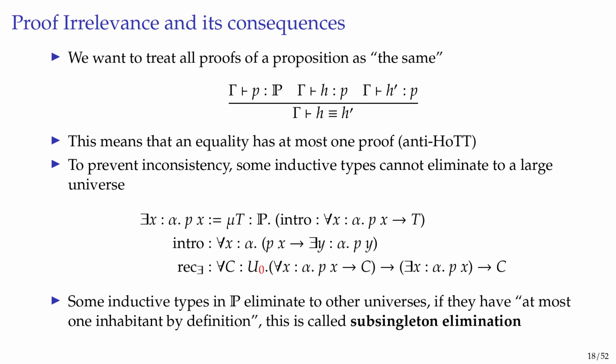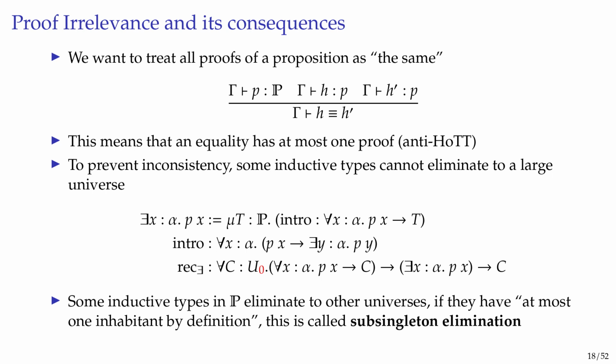With proof irrelevance and a type like this, they are actually interderivable. Actually, I should have written the other version. Singleton elimination is also the dependent one, which is kind of useless, because you don't have anything to work with.